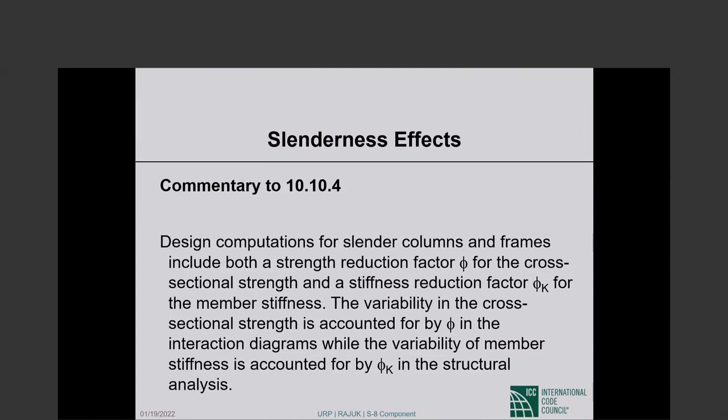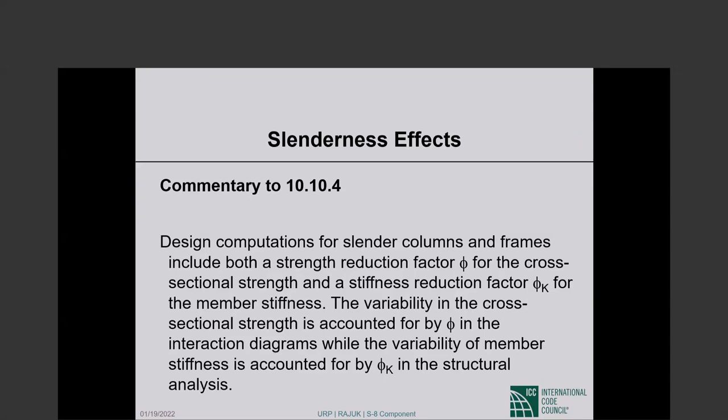This is commentary. You don't have to do anything with it, but I think this is good commentary. Design computations for slender columns and frames include both a strength reduction factor phi for the cross-sectional strength and a stiffness reduction factor phi sub k for the member stiffness.